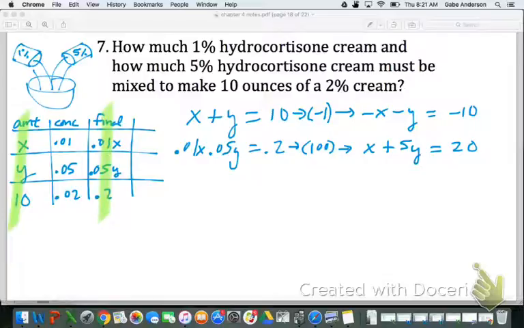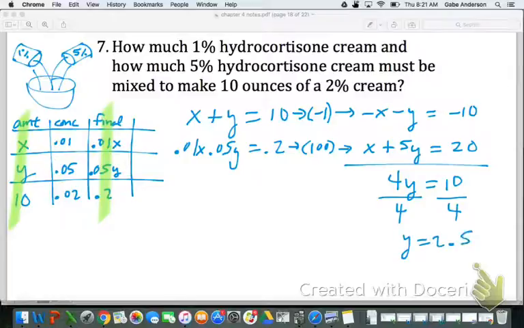And then we just add. All right, so when we add, the x is eliminated, 4y equals 10. Dividing through by 4. What's 10 divided by 4? 2.5. So y equals 2.5. So then what does that mean for x? If we're going to plug that back in, what does x have to be? 10 minus 2.5, which is 7.5.